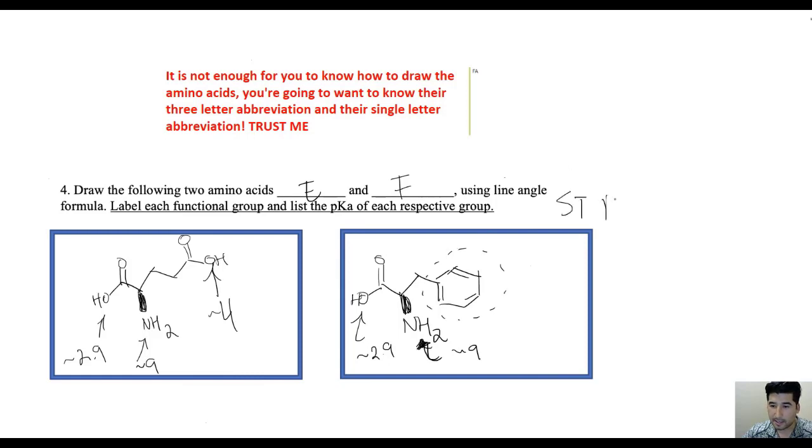If the amino acid one-letter abbreviation is not in St. Rocky Ched, which is F, right? Phenylalanine is F. If it's not in St. Rocky Ched, we don't worry about it. The pK is way too high, so we move on. Okay, and it's also saying to label each functional group. I'm going to leave that up to you.